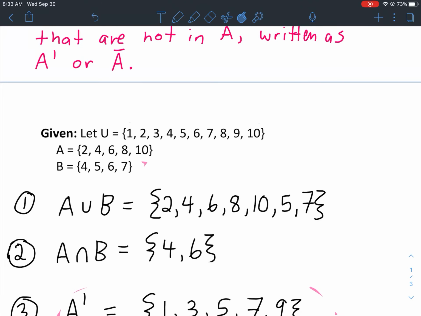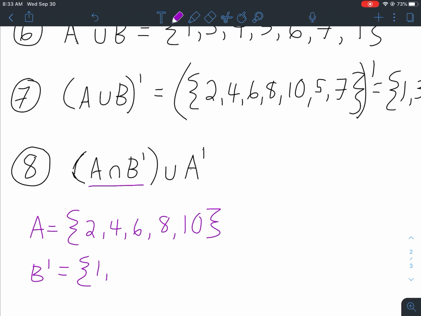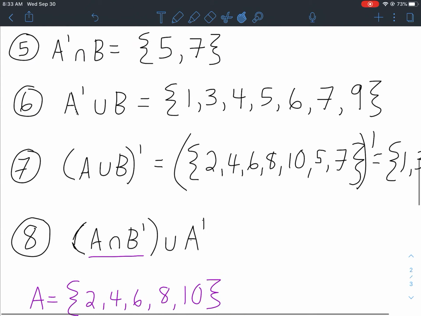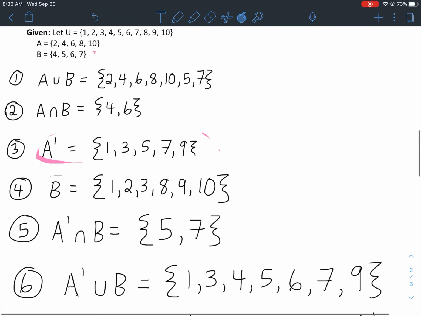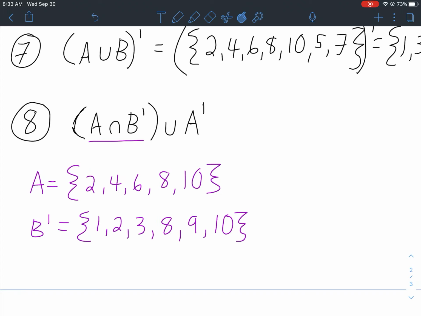So everything that's in U that's not in B would be 1, 2, 3. 4, 5, 6, 7 were in B. So then we'd have 8, 9, 10. Everything that's in U that's not in B. And we could take a look at our B complement and make sure that it was those 6 terms: 1, 2, 3, 8, 9, 10. Yes.